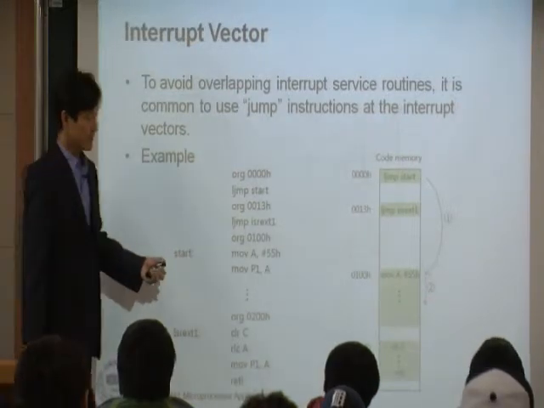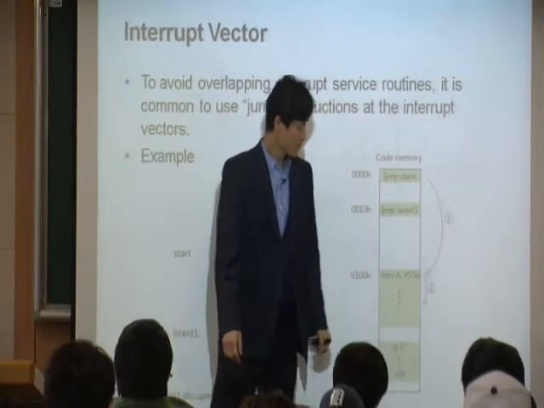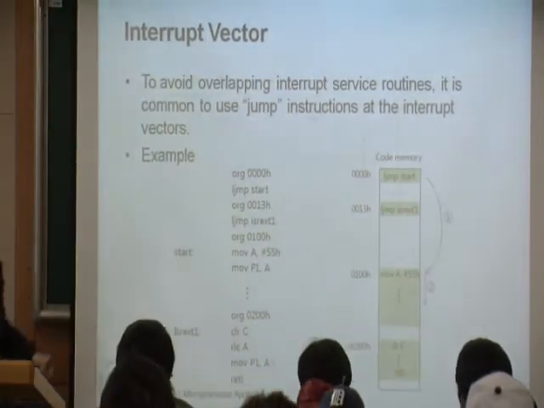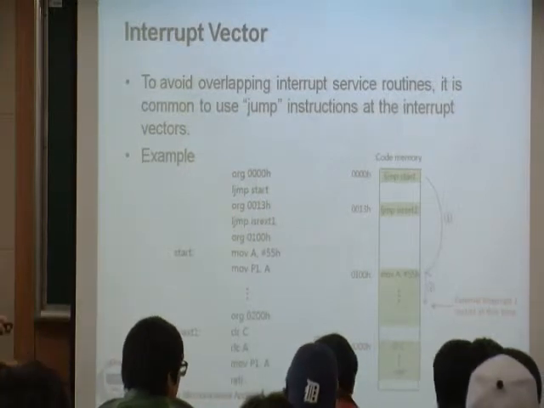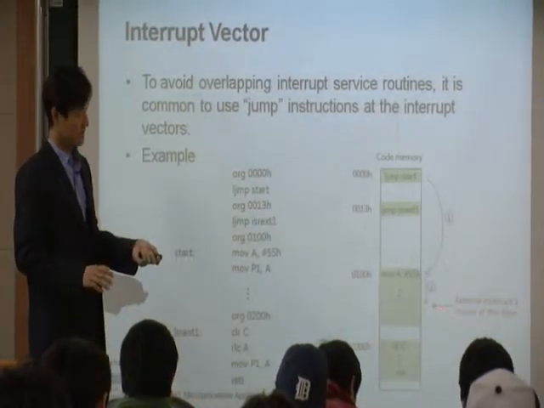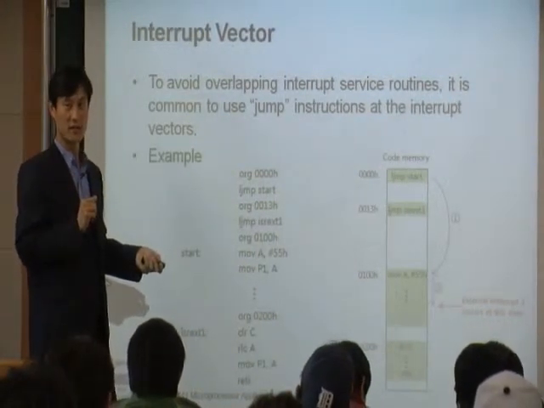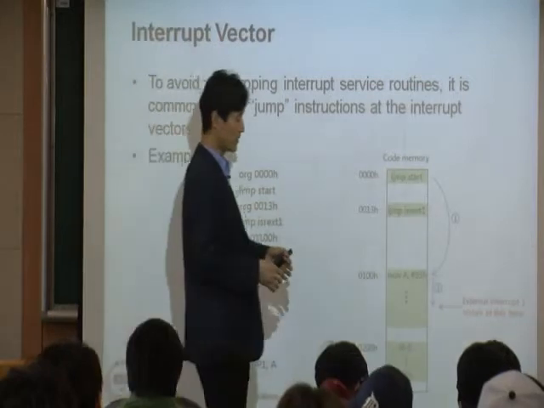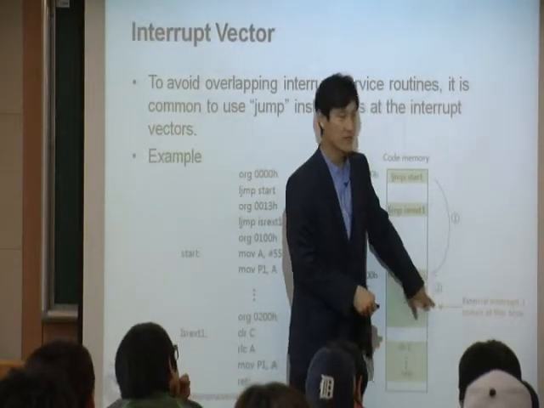Let's say while you are running your program, suddenly external interrupt 1 occurs at this time. This is some random time; we don't know when we get the interrupt. But just as an example, let's say we have external interrupt 1 at this time.